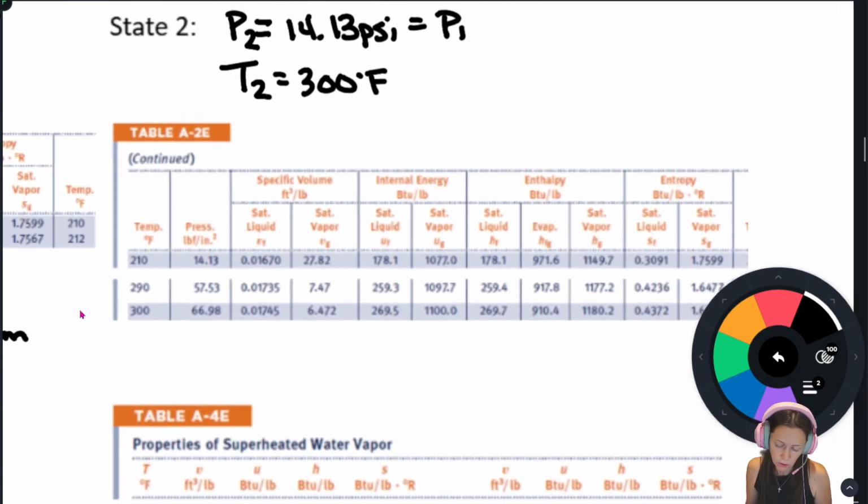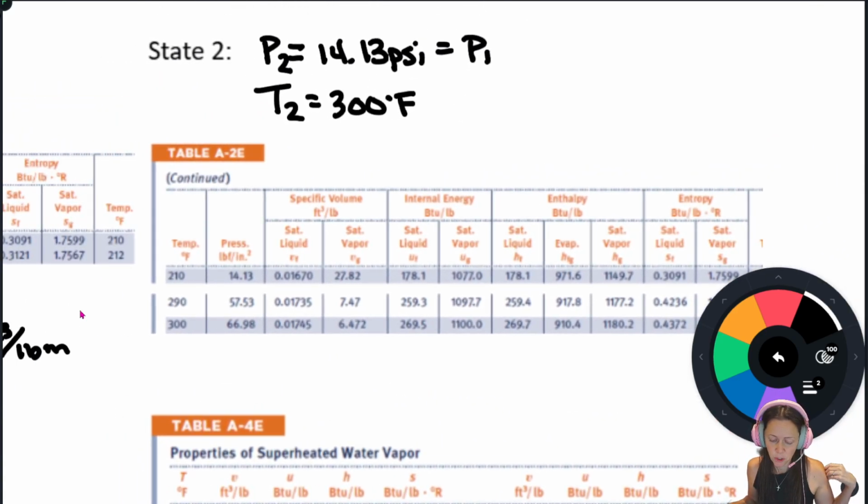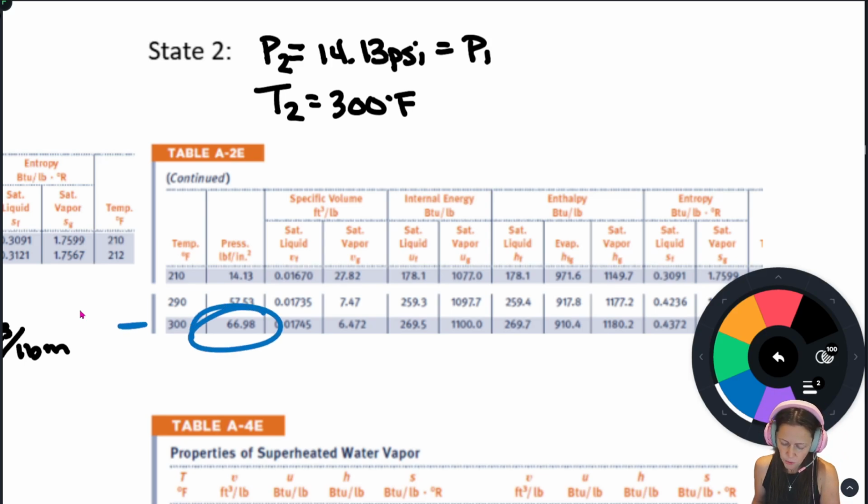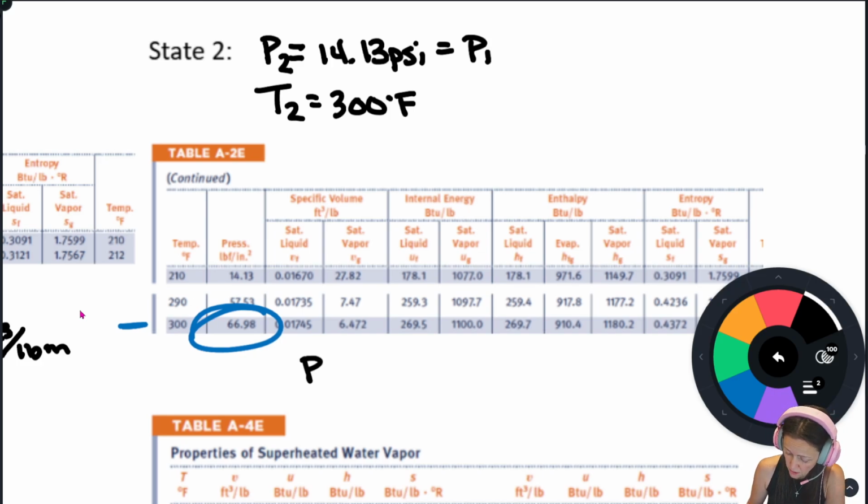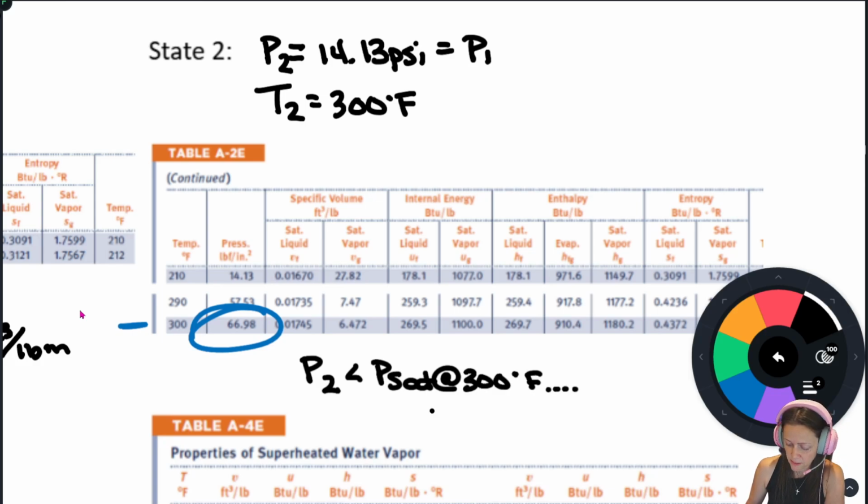I could have used the ones organized by pressure, but since I got a nice clean even number for the temperature, I'll use this one. At 300 degrees Fahrenheit, saturation pressure is 66 and change. So we're below that. Since our P2 is less than the saturation pressure, it's a gas. It's superheated. So I need to go to the superheated tables.